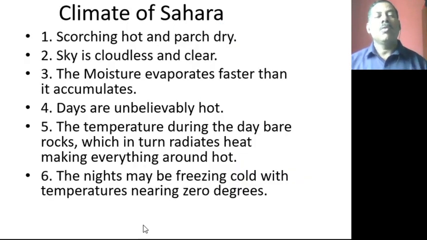Now you can see the characteristics of the Sahara Desert according to the climate. What exactly is the climate of the Sahara? The first characteristic is that it is scorching hot and parched dry, with very sharp heat. The second one, the sky is cloudless and clear.